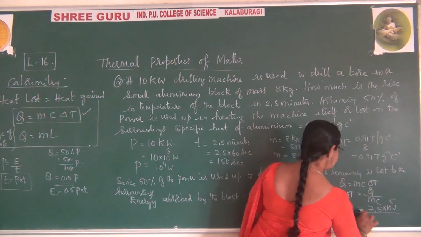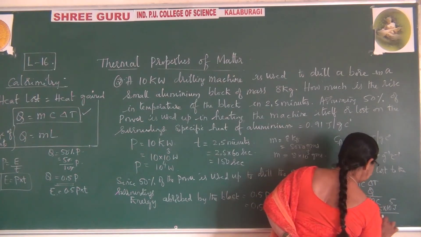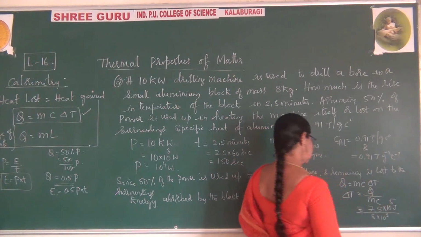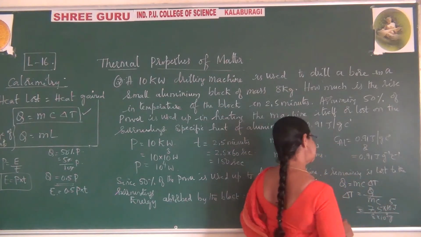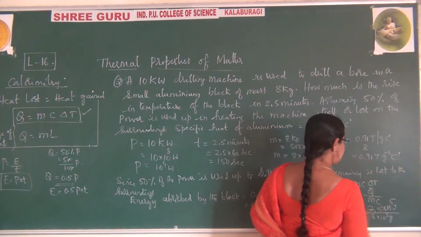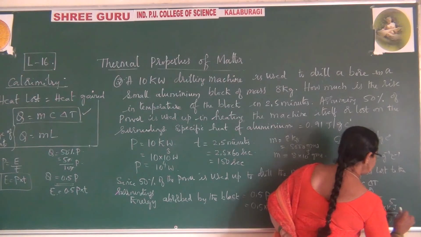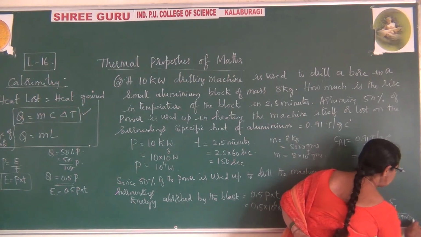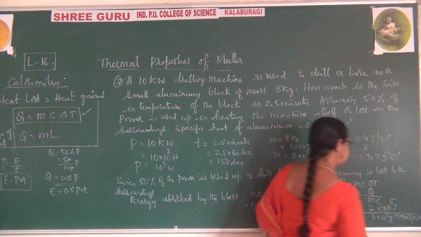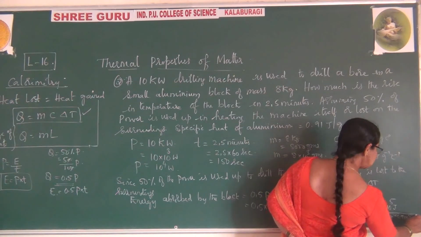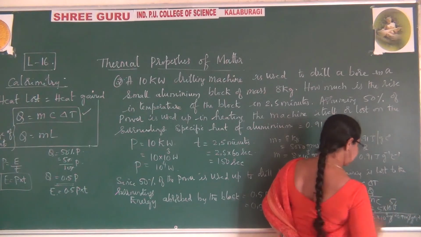What is M? M is nothing but the mass. Just now you got it: 8 into 10 raised to 3 grams. Right? Okay. And C is already given: 0.91 joules per gram per degree centigrade. This condition you know. So the grams get cancelled here, and joule and joule get cancelled here.